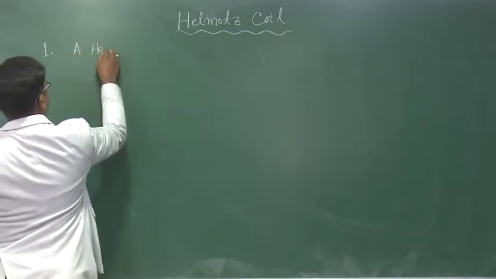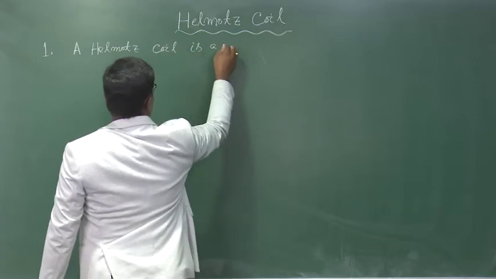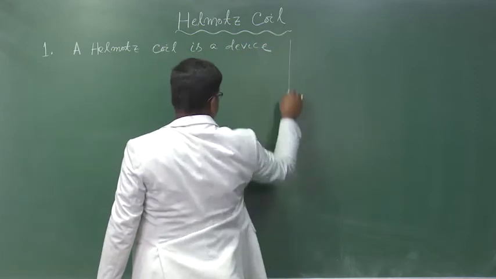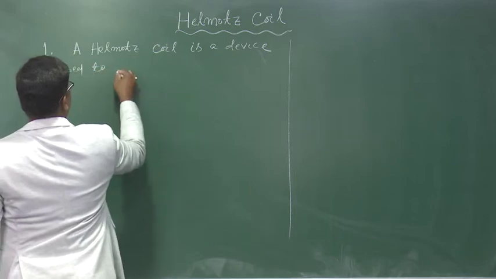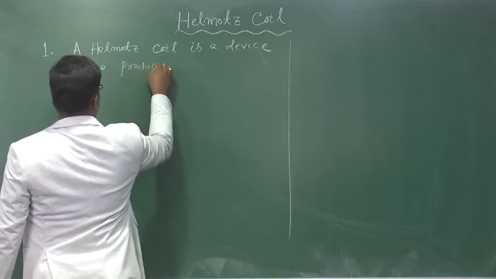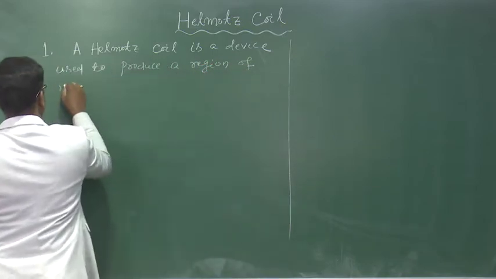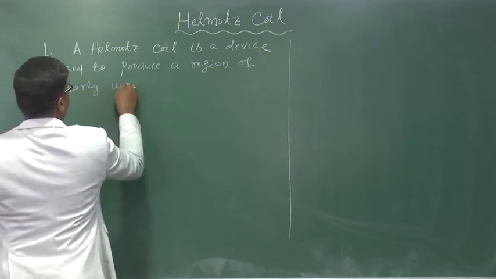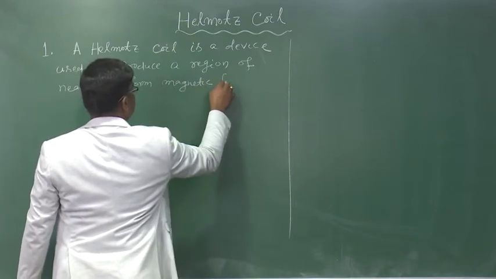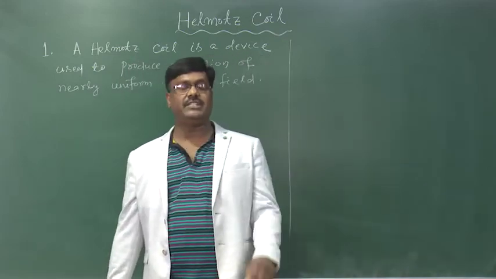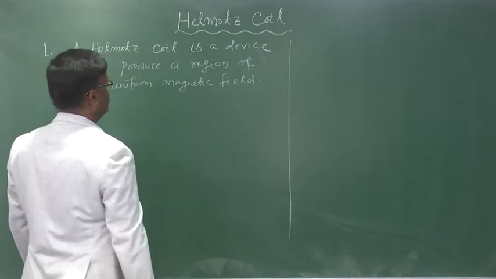A Helmholtz coil is a device used to produce a region of nearly uniform magnetic field, and it consists of two identical circular magnetic coils on the same axis.